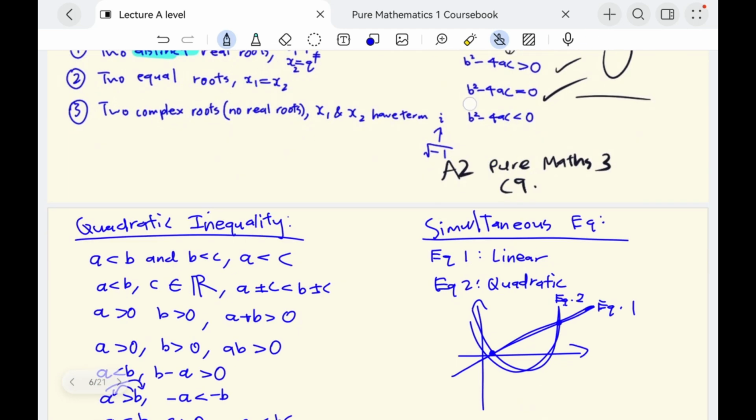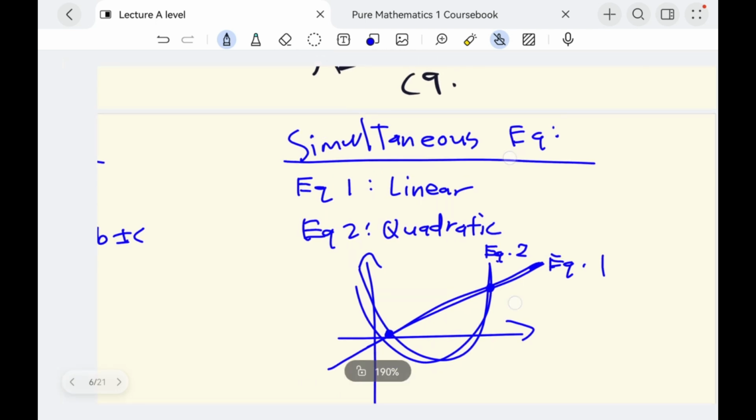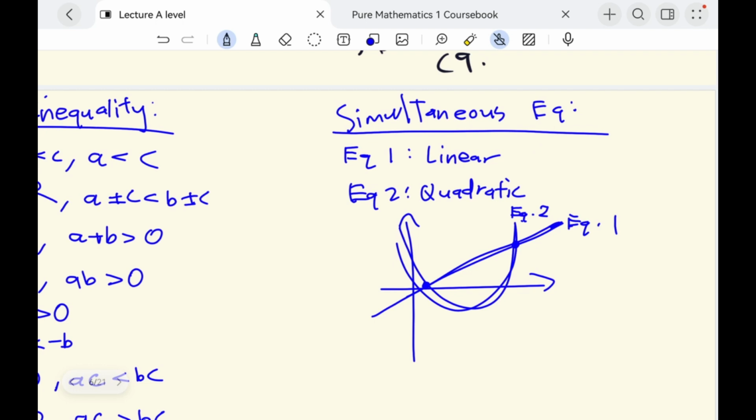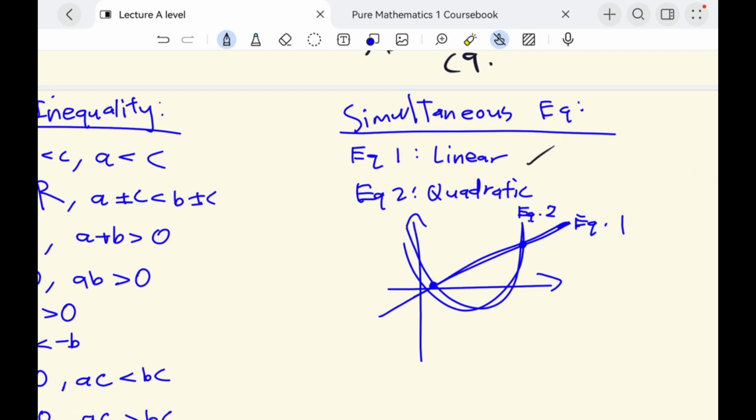Before I end this chapter to proceed to the exercise, I need to tell you this application. Of course, this quadratic equation is applicable if you want to solve the simultaneous equation of the quadratic with the linear: set these two equations and then solve simultaneously by using the substitution method or any method you want, but I think it's only substitution.